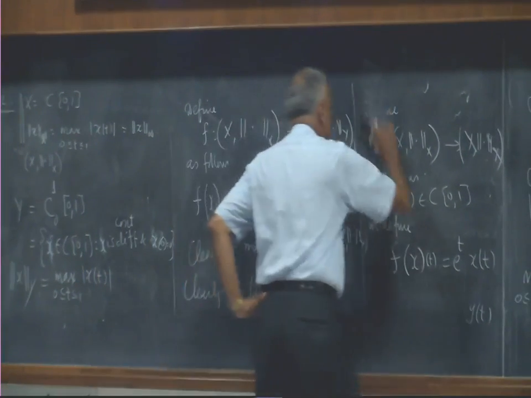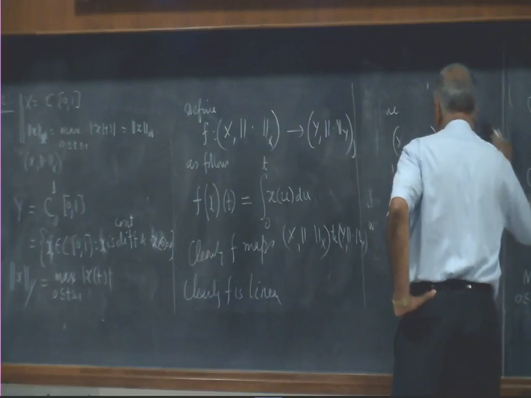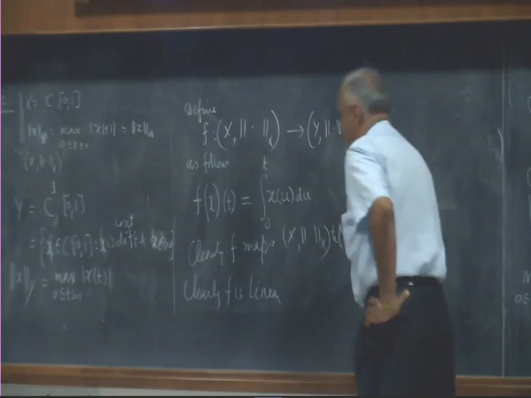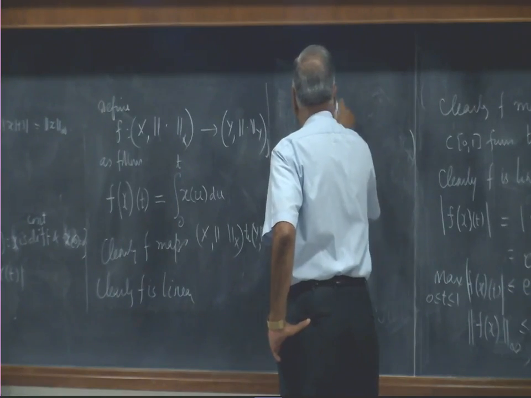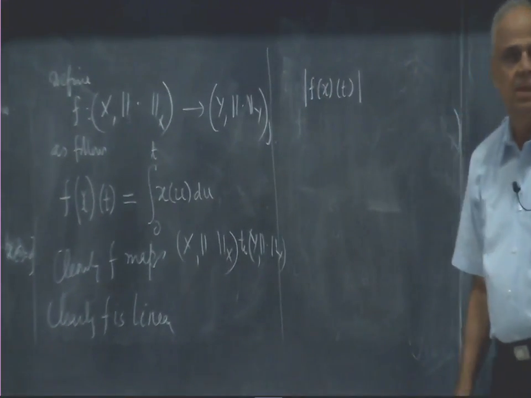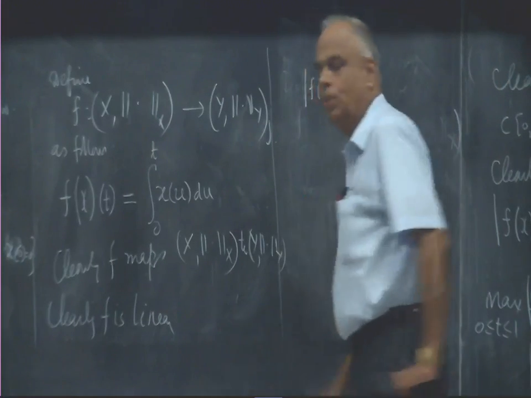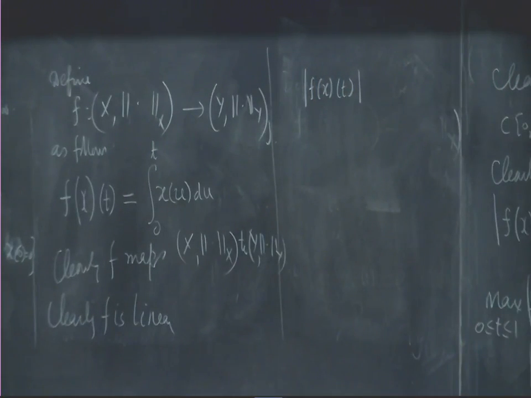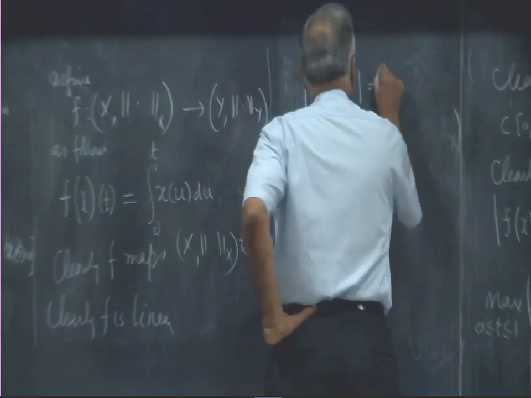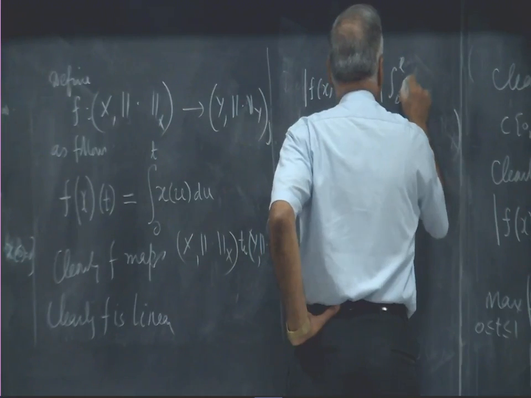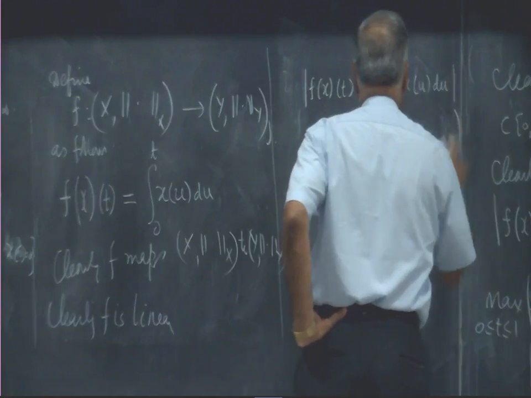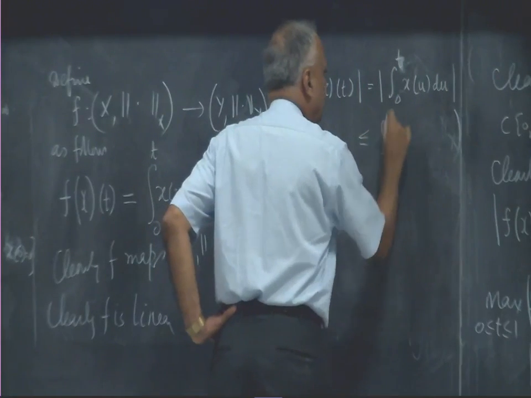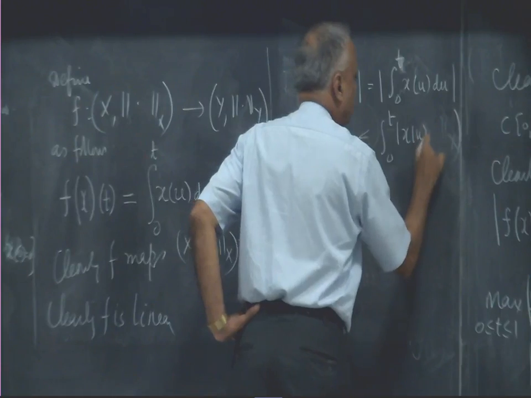What about boundedness? Let's again calculate the modulus of f of x at t. We want to show that the maximum of this is finite. That is what we mean by saying it's a bounded function. This is equal to the modulus of the integral from 0 to t of x(u), but that is less than or equal to the integral from 0 to t of mod x(u) du.